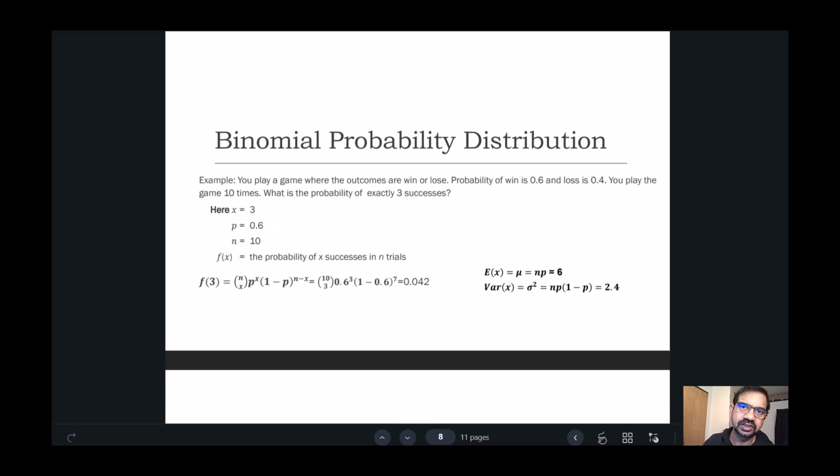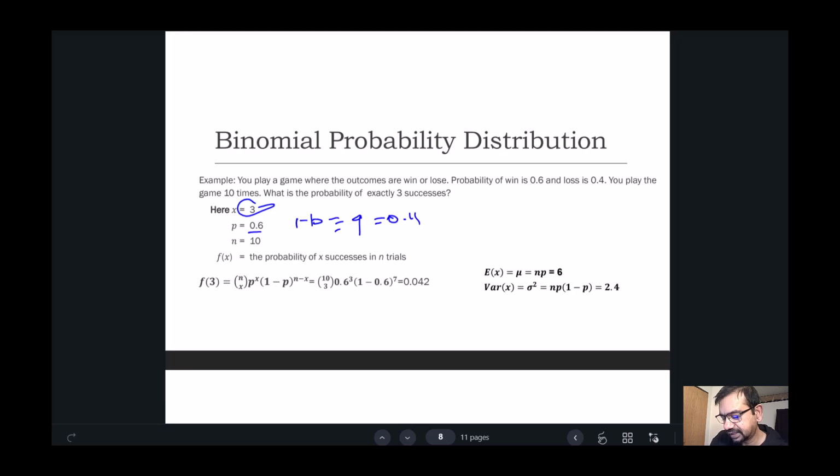So let's work with a concrete example. As we said, our probability of success is 0.6, which means 1 minus p, also sometimes called q, is 0.4, and let's say that our x is 3. This is a binomial event because the probability of success does not change with successive trials.